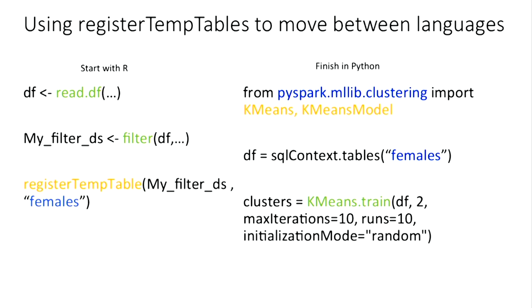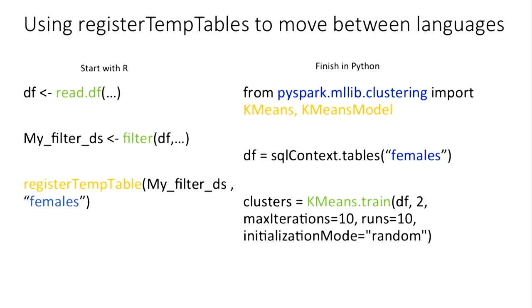And then when you're ready to actually run a model, you could do a register temp table, and that will let you pick it up, as long as you're in the same Spark SQL context, in the same Spark application, in a different language and start running the functionality of that language, which is a very cool feature of Spark, that you can go back and forth between languages. So pick the right language for the right job, and then have all the data still sitting in S3 or all in Spark.